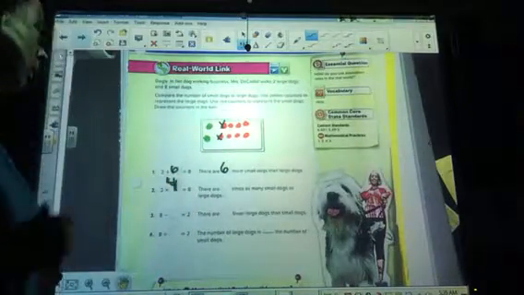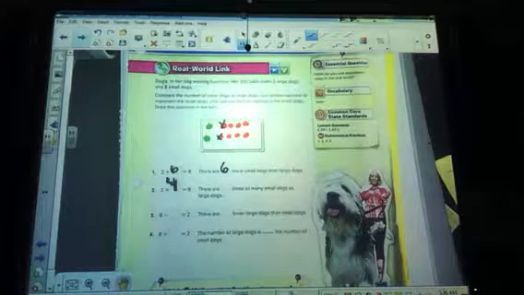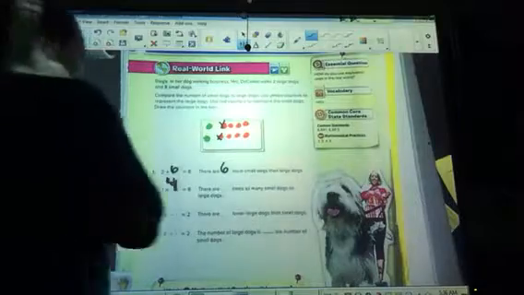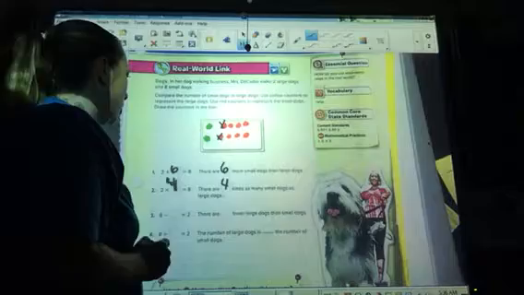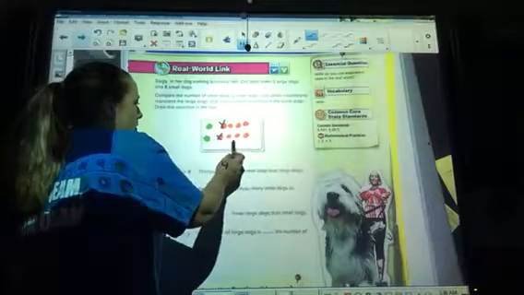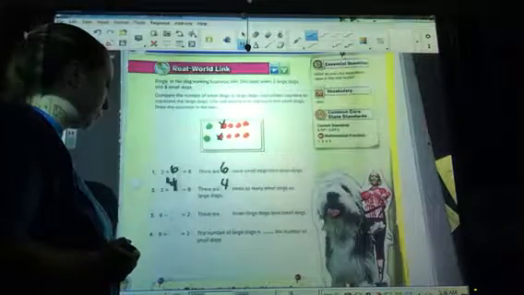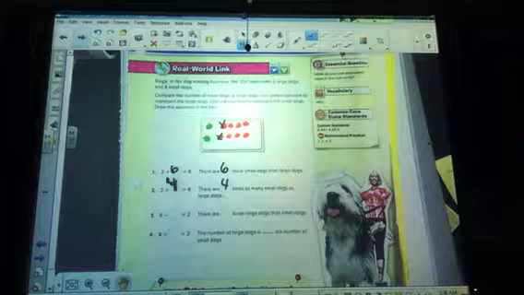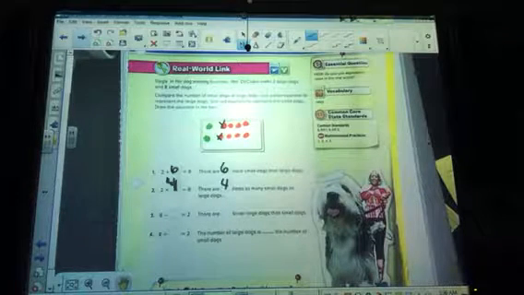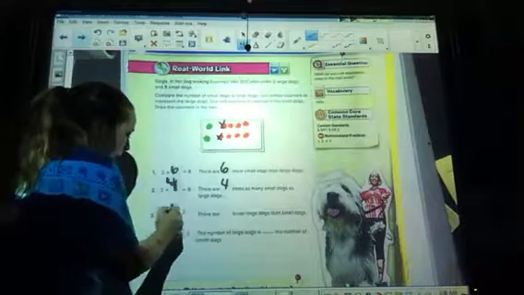All right, there are blank times as many small dogs as large dogs. There are 4 times as many small dogs as large dogs. And we see here 1, 2, 3, 4. There's 4 times as many. 8 minus something is 2. 8 minus something is 2. 6.